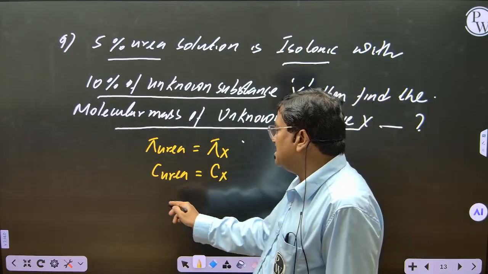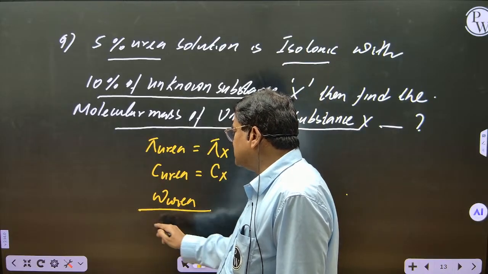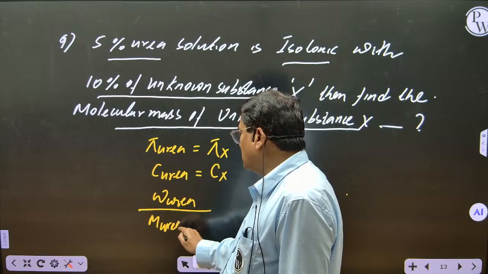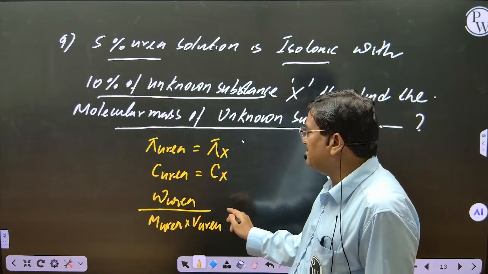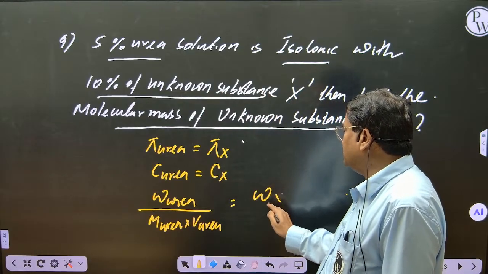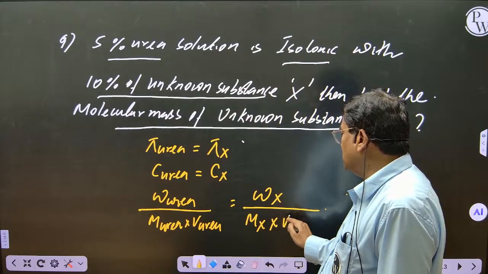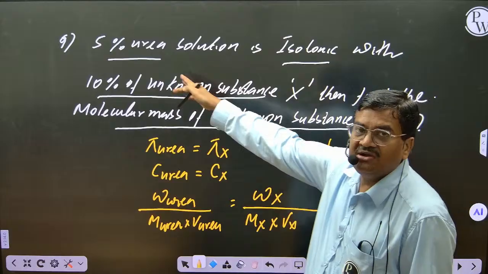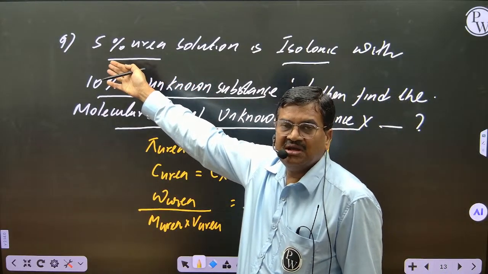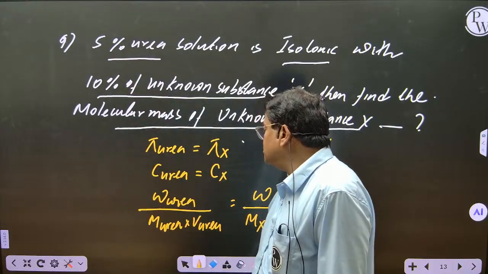And this can be written in the same relation: weight of urea by molar mass of urea into volume of urea, understood how we got this relation, is equal to weight of unknown substance X by molar mass of unknown substance into volume of X. Now in the data, the mass of urea given to you, 5% means what? 5 grams is present in 100 ml of solution.